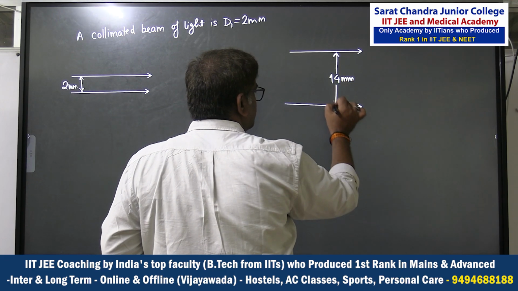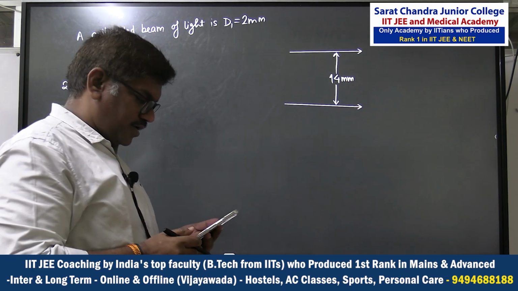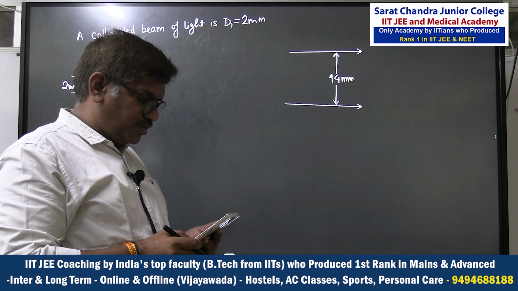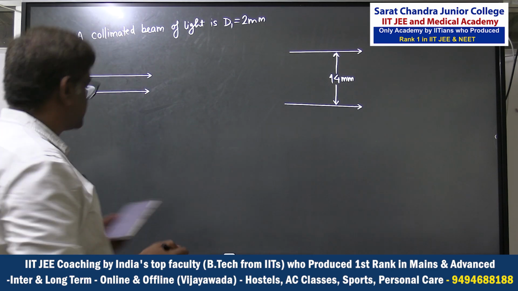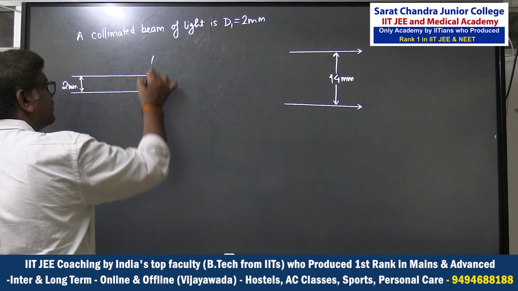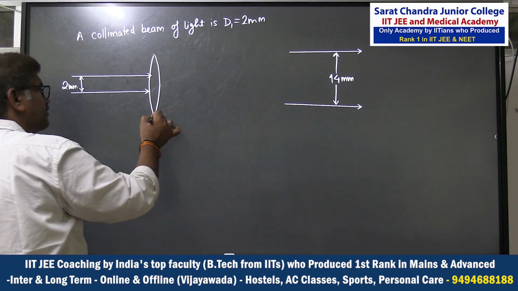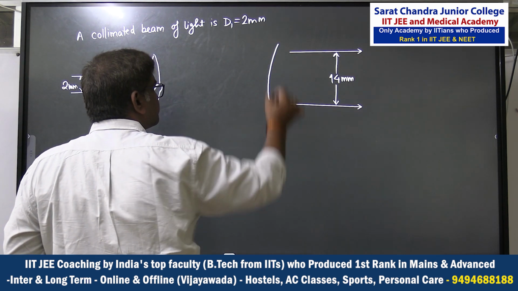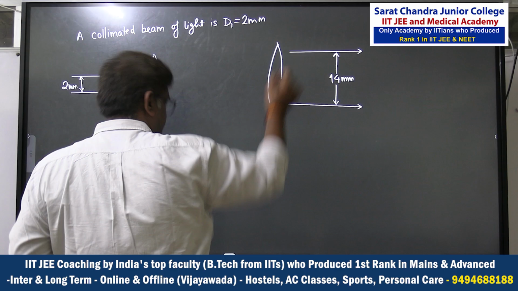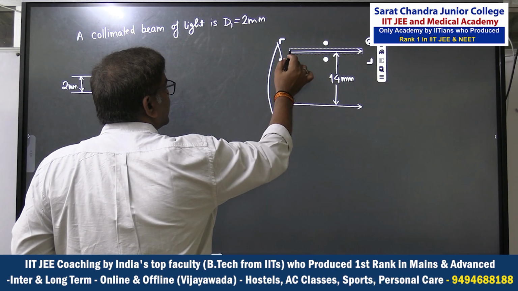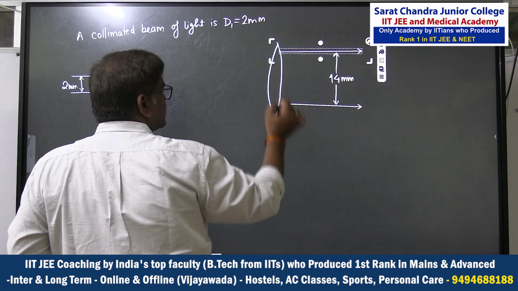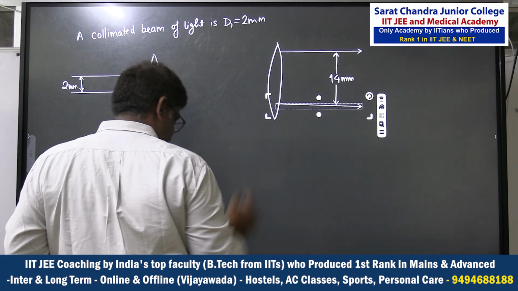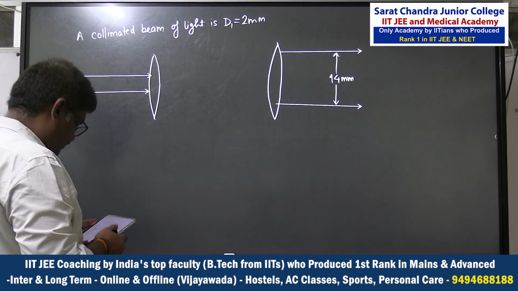They want to do it with the help of two convex lenses. One convex lens is here and another convex lens is, let us say, here. The focal length of the first one is given, and the second we have to find out.